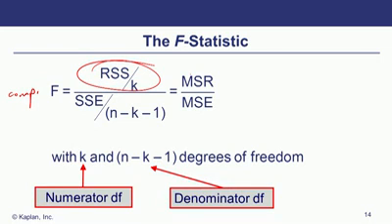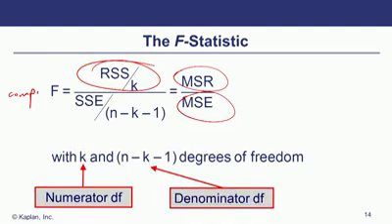In the denominator, we've got the sum of squared errors divided by its degrees of freedom. So essentially, we're looking at the amount of unexplained variation. So in a nutshell, what the computed F is saying is give me the ratio of the average explained over average unexplained variation.